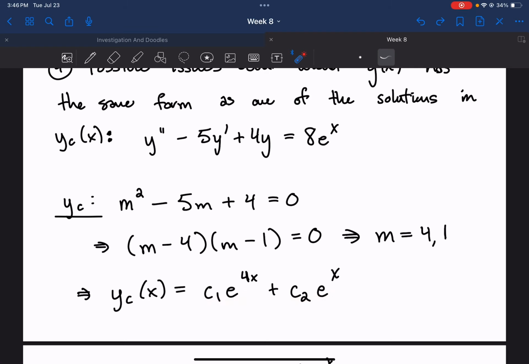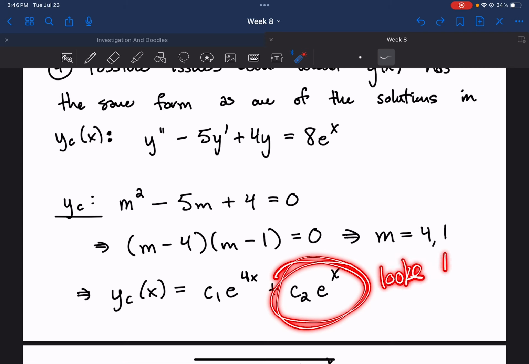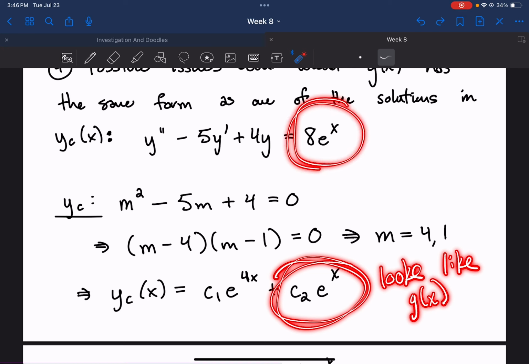Now, an issue arises. This looks like g. They both have an e to the x times a constant. That's bad news for the particular solution.